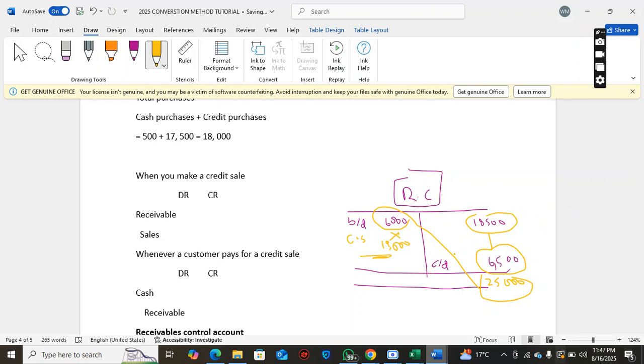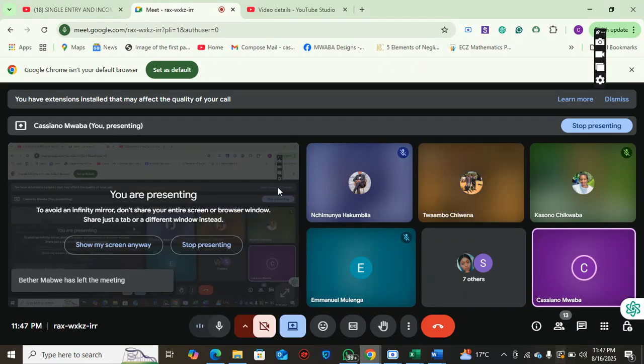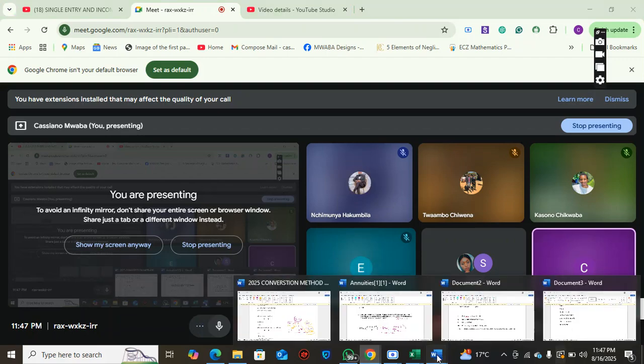And any transaction dealing with credit purchases will be on the payables control account. Remember that for the ones attempting this question. Any credit purchases, payables control account. Credit sales, receivables control account.